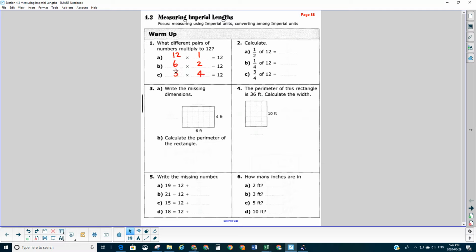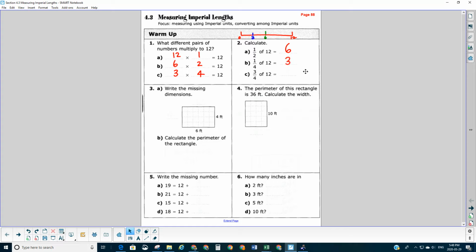If we're thinking of half of 12, well, we can imagine a sort of chunk that goes from 0 to 12, and halfway through that, of course, is 6. And we know that because 6 times 2 is 12. And then a quarter of 12. Well, if there is 12, and this is half of that, 6, then half of this little chunk would be 3.